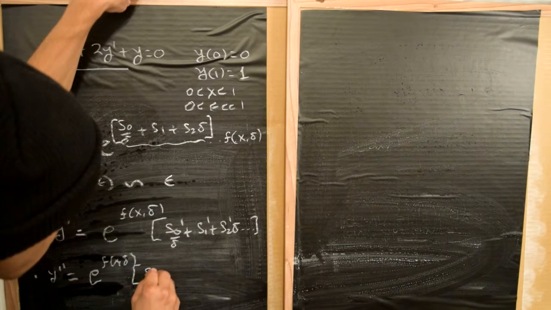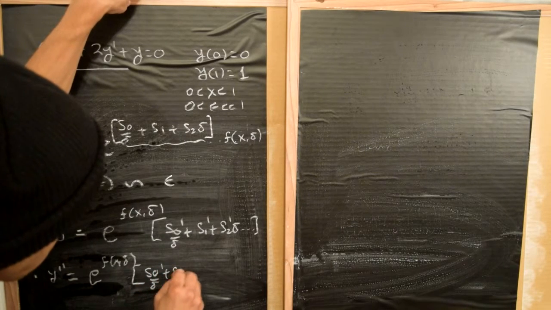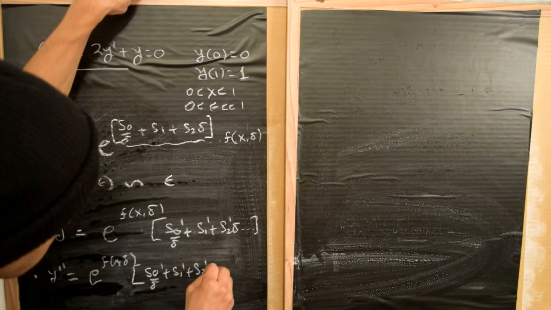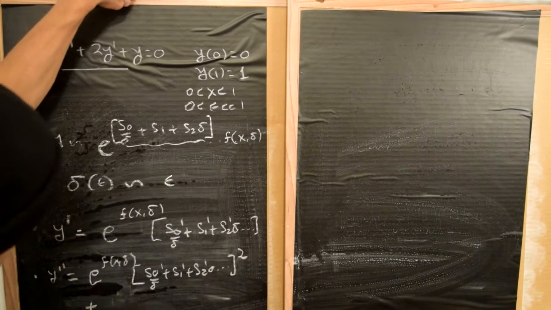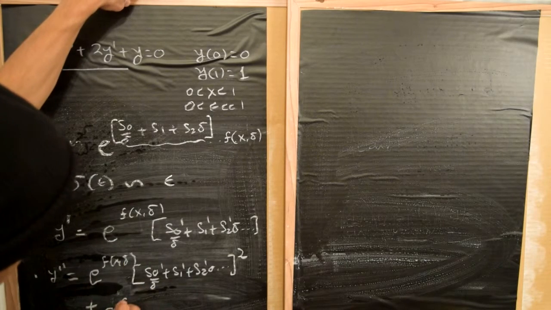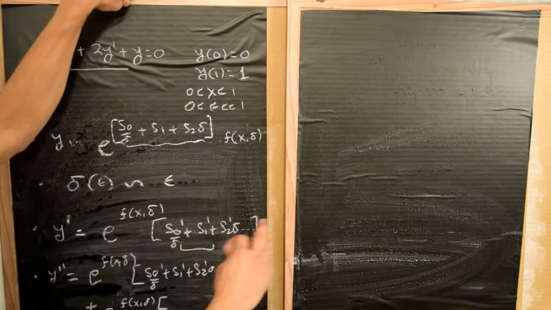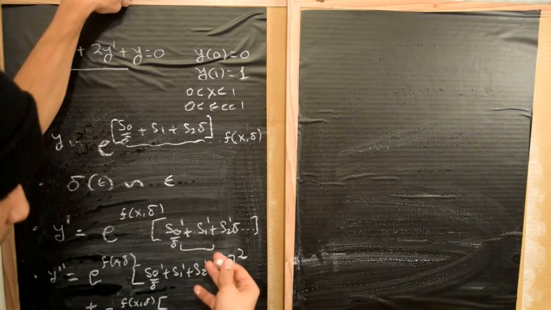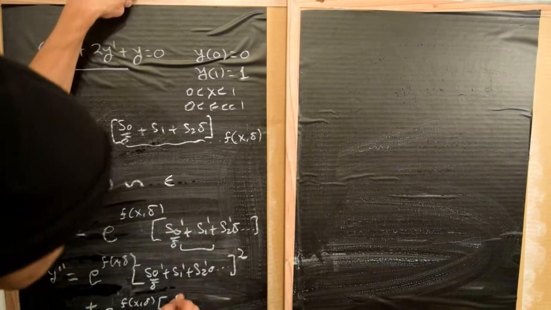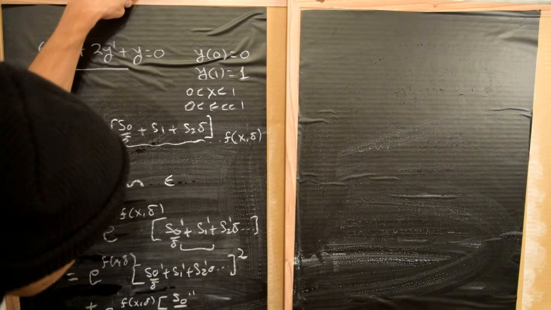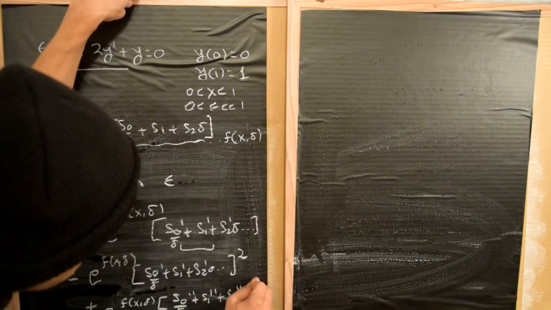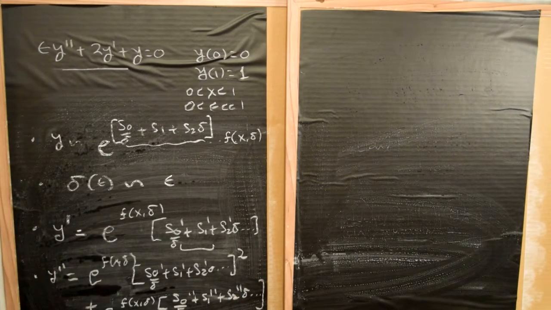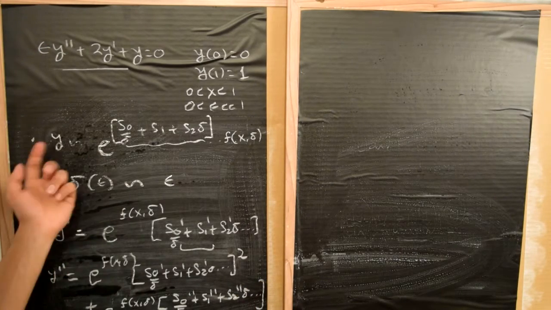So what we'll have is s naught prime divided by delta plus s1 prime plus s2 prime delta, squared, plus a term, again the exponential times the derivative of all these quantities, which means we will end up having second derivatives of all these functions: s naught double prime by delta plus s1 double prime plus s2 double prime delta and so on. So that's y prime, that's y double prime, and y is this.